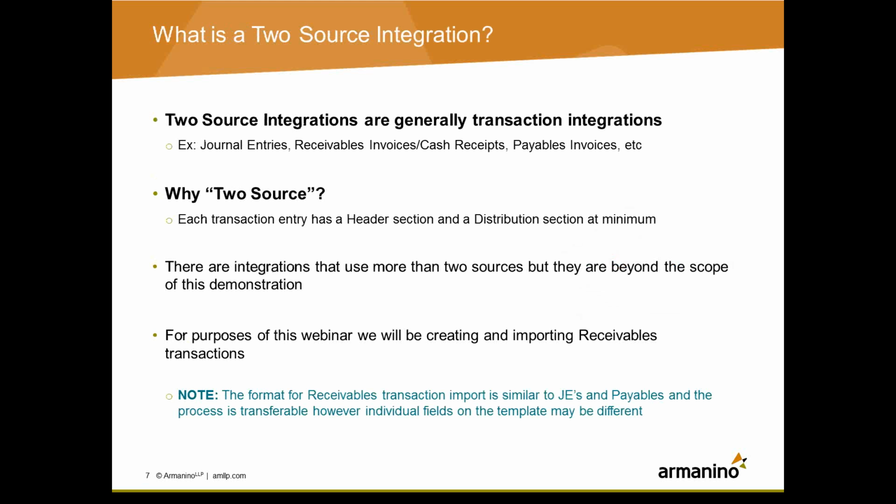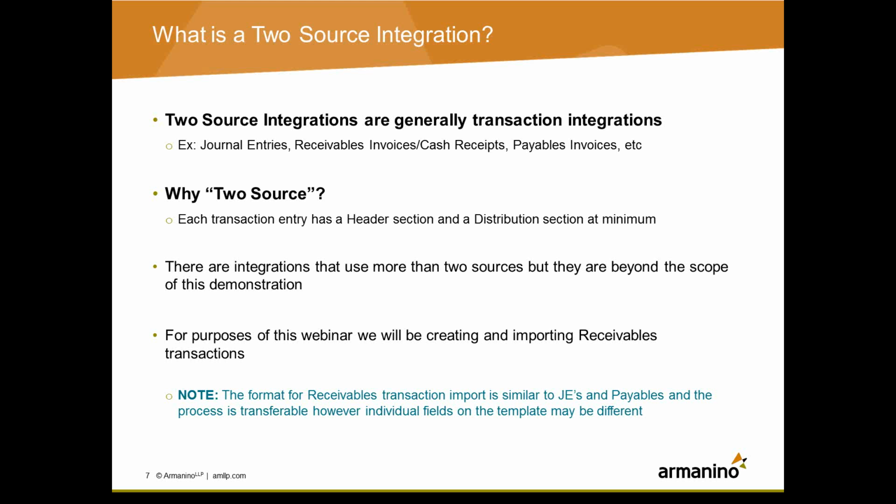So to begin, what exactly is a two-source integration? When we speak of two-source integrations, we're talking about transactions. And this would be journal entries, receivables invoices, payables invoices, checks, cash receipts, anything that's a transaction. It's considered a two-source because you have header information and you also have distribution information.